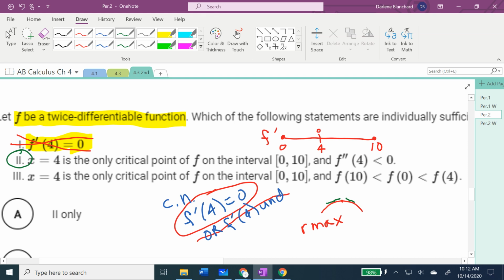And then the third one. 4 is the only critical number on that entire interval. You have endpoints at 0 and 10. I'm going to erase what was drawn previously while you're thinking.